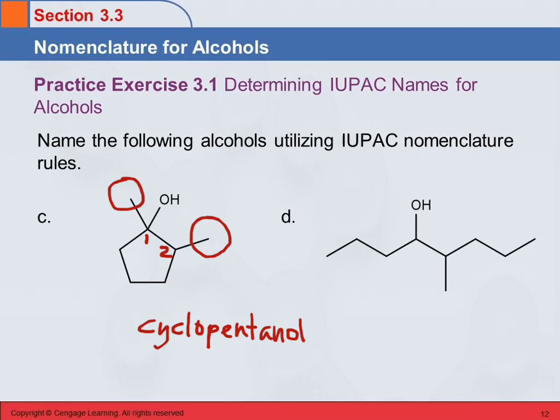So we'll have 1,2-dimethylcyclopentanol. I don't need a 1 for the ol. I don't need to say 1 cyclopentanol because we will always start numbering from the hydroxyl group, the alcohol.